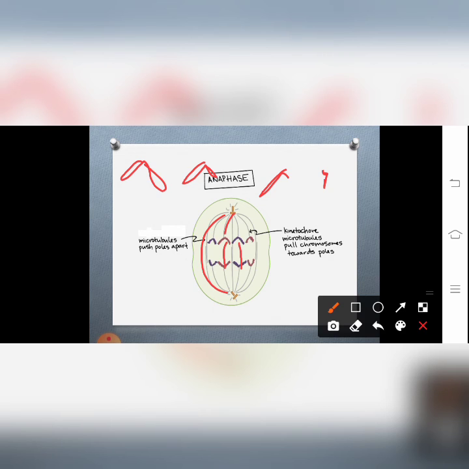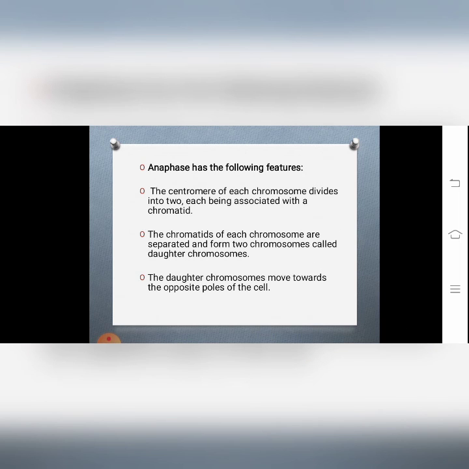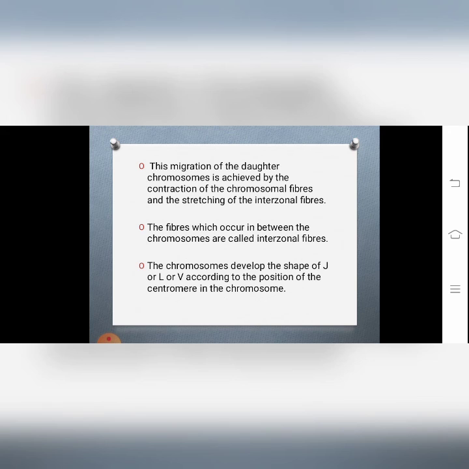So I'll repeat the points. Anaphase has the following features. They are: first, the centromere of each chromosome divides into two, each being associated with a chromatid. The chromatids of each chromosome are separated and form two chromosomes called daughter chromosomes. The daughter chromosomes move towards the opposite poles of the cell.